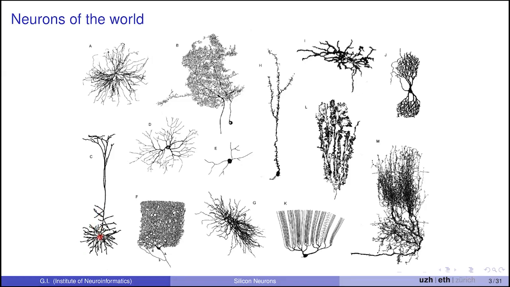The cell body is here at the center, and they have proximal synapses on these local dendritic trees, and then distal synapses on dendritic arborizations that are far away from the cell body.